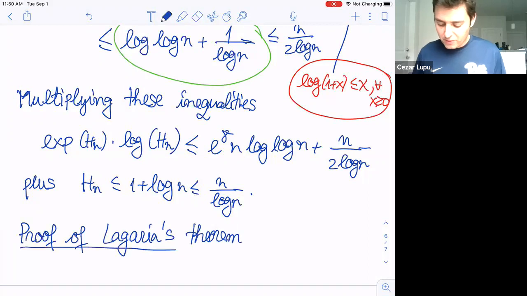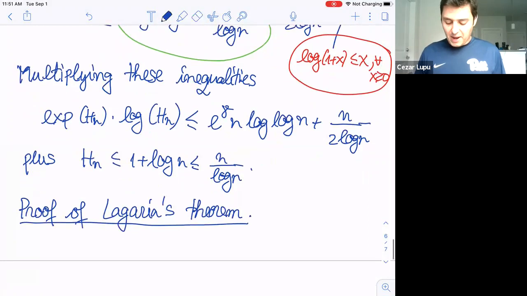Because we will use both of these theorems of Robin. Now we have to show that the Riemann hypothesis is equivalent with that inequality.